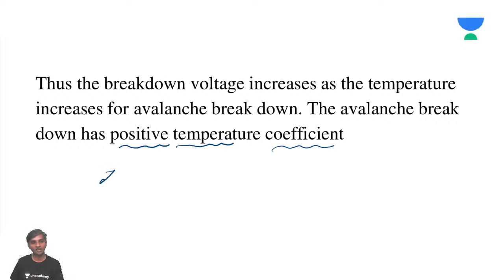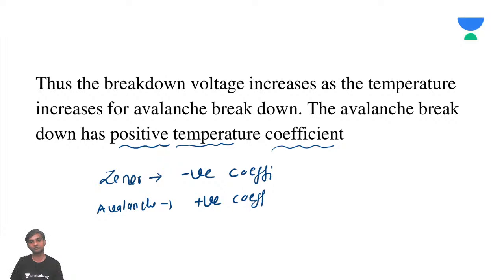So Zener has a negative temperature coefficient, and avalanche has a positive temperature coefficient.